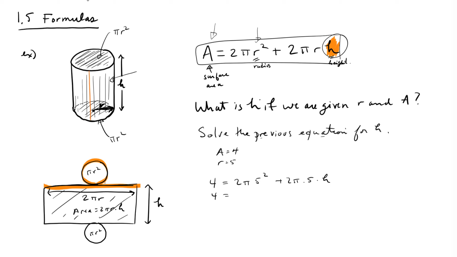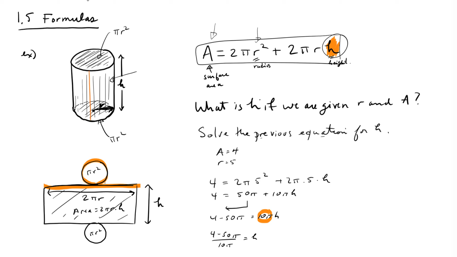So it would be 4 is equal to 50 pi plus 10 pi h. And how would we solve for h here? Well, we would send this to this side. After that, we would divide by this to get rid of that coefficient. So we would have 4 minus 50 pi over 10 pi is equal to h.